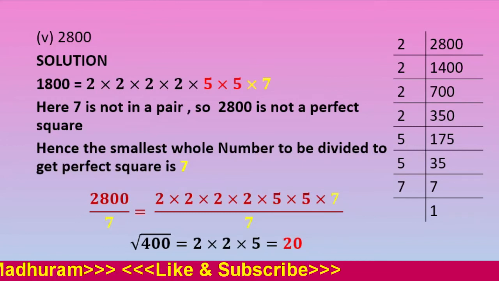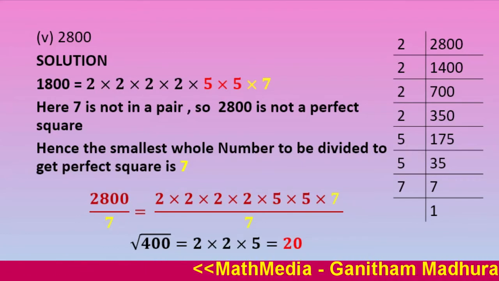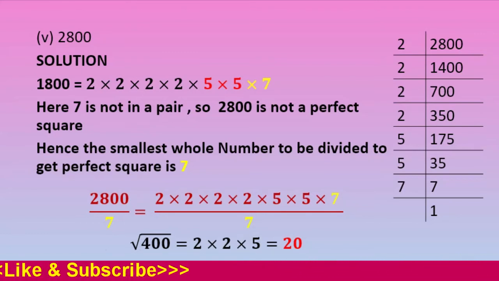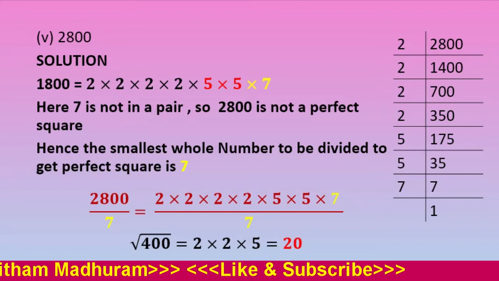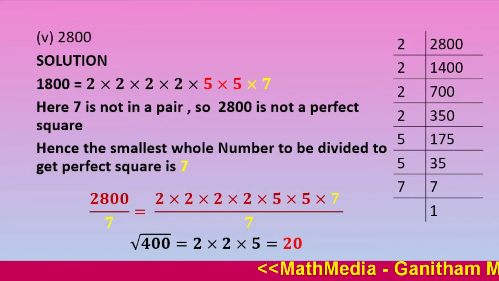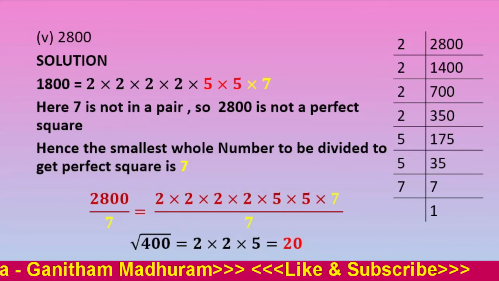Hence, the square root of 400 equals, from each pair of numbers we are taking one number outside, so 2 into 2 into 5 equals 20. Hence, in this question, the smallest whole number to be divided will be 7 and the square root of the number obtained is 20.